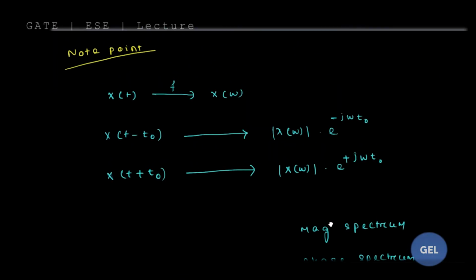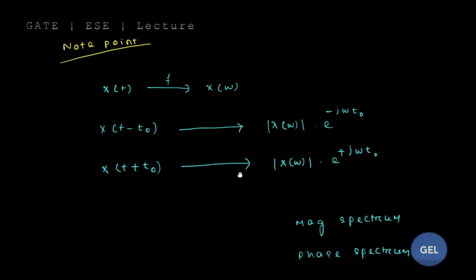Moving on to a very important note point. From here onwards, I'm going to give you 2 to 3 note points associated with the time shifting property and the frequency shifting property. In the time shifting property, the Fourier transform of a time domain signal x of t is x of omega.